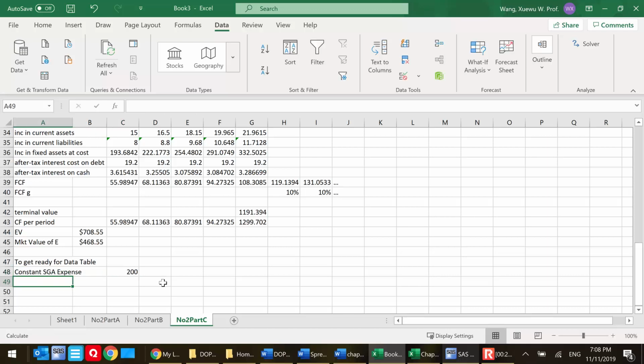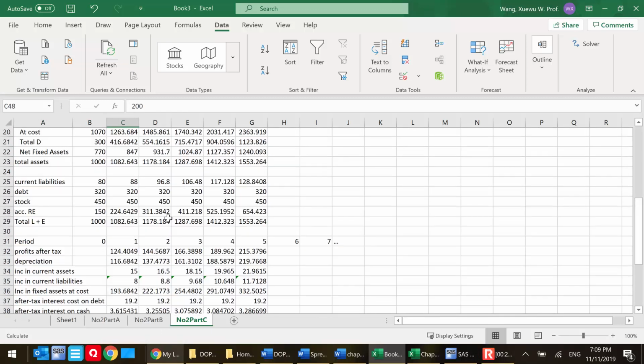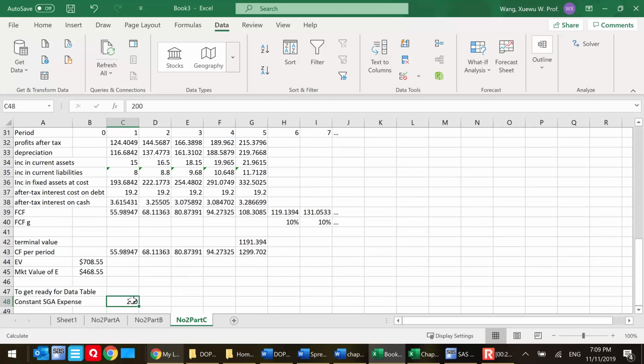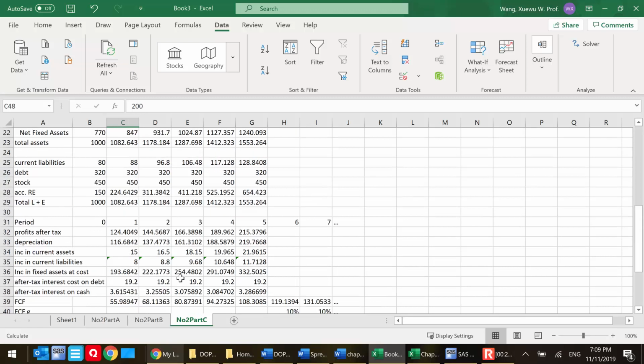Now I'm going to verify there's a link between SGA expense and the enterprise value. In other words, if I change this number, then the enterprise value should change. To achieve that, I just need to make one correction in what we did for part B. Look at the SGA expense that's in cell C48.